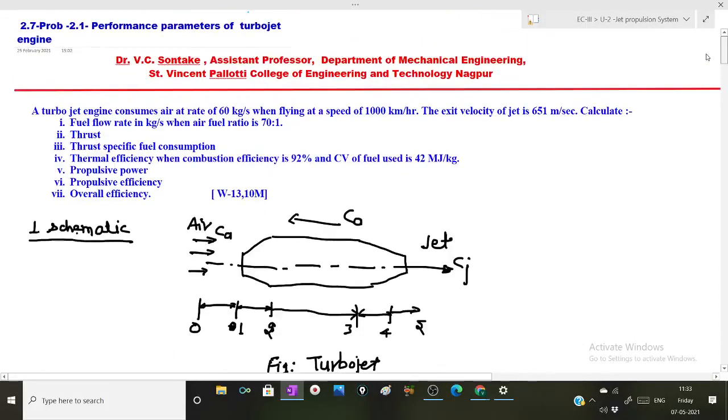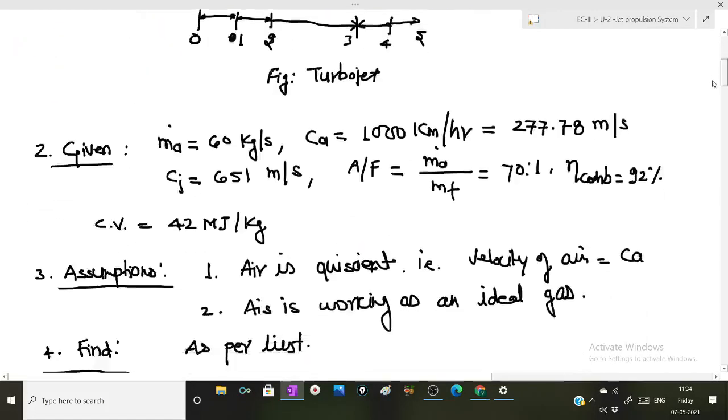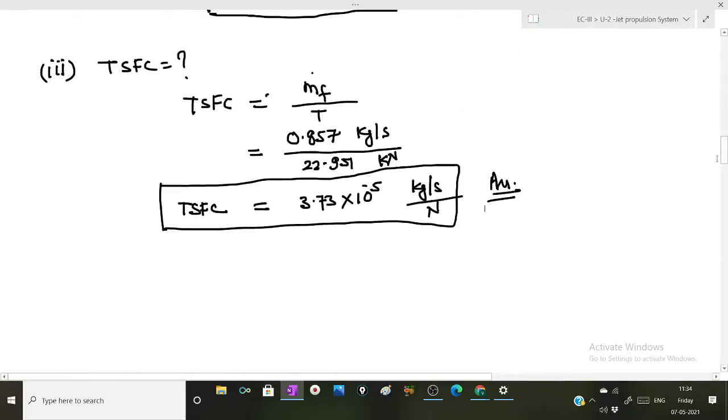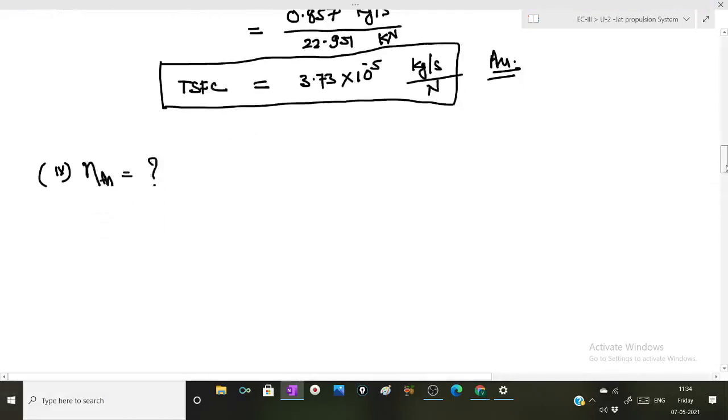Then point number 4 is thermal efficiency, when combustion efficiency is 92% and calorific value of fuel used is 42 megajoule per kg. Now for jet engine, we have also discussed the formula of thermal efficiency.